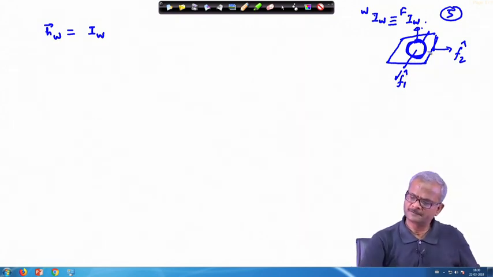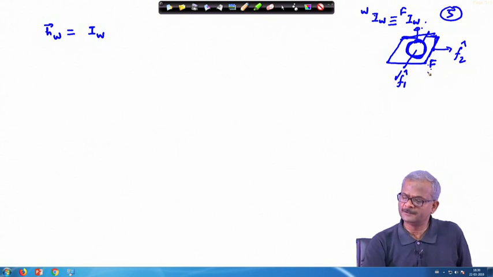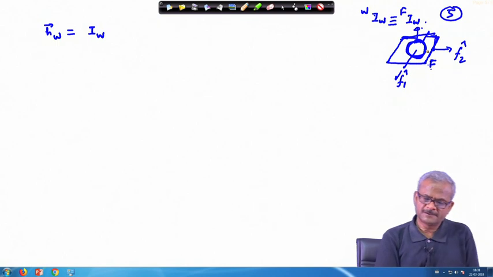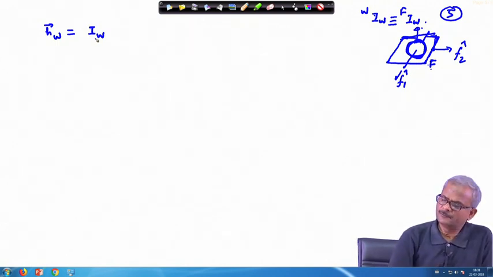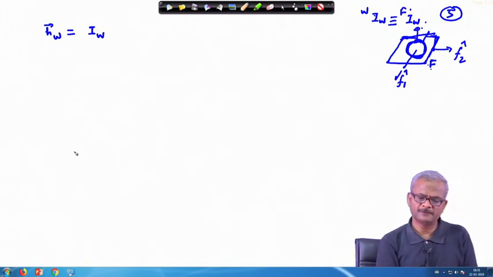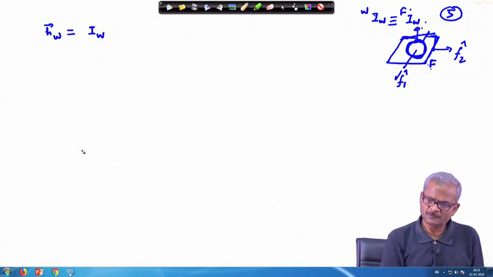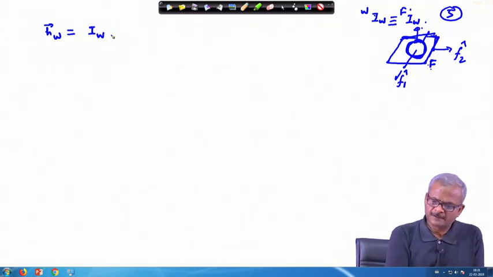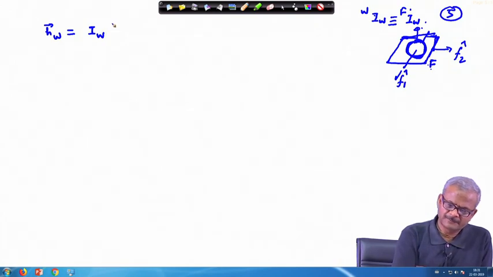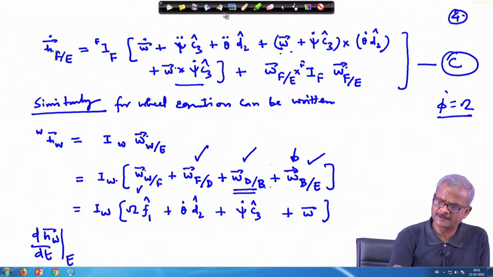So, therefore, in this F frame, which is the inner frame, the wheel moment of inertia will not be changing. So, we will describe this I w, you can write as I w, or either you can write with respect to F. So, both are same. So, we will put a tag later on, let us start with omega.